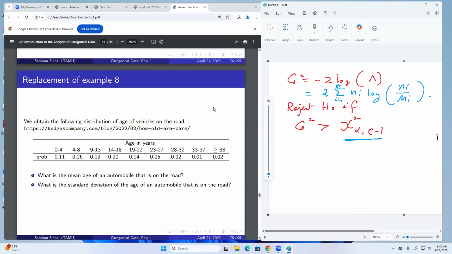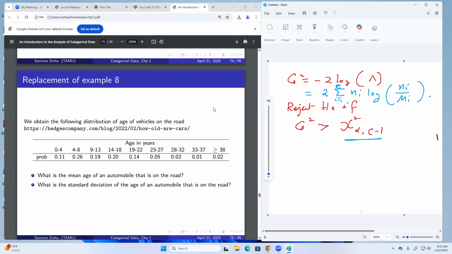On the very first row, it says the age of a vehicle, and the second row says the probability. That means, what is the probability that a randomly chosen car in 2022 is of age between 0 and 4 years? It is 0.11, 11% probability.